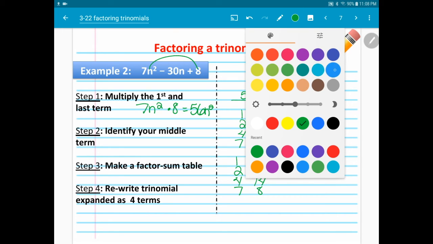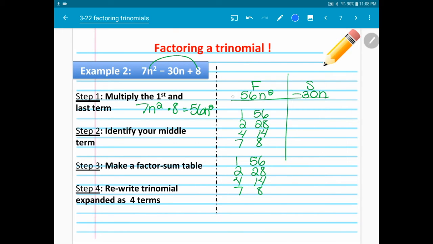This is a positive 56n. So that means I can have either all positives or all negatives. All right, our sum, this is not 16, this is 18, sorry.